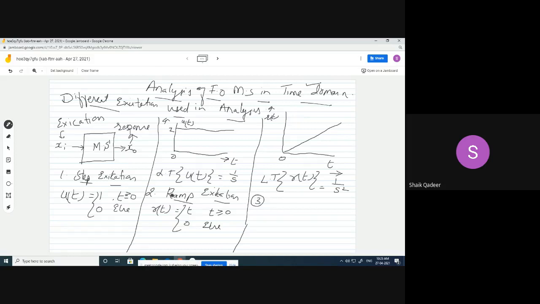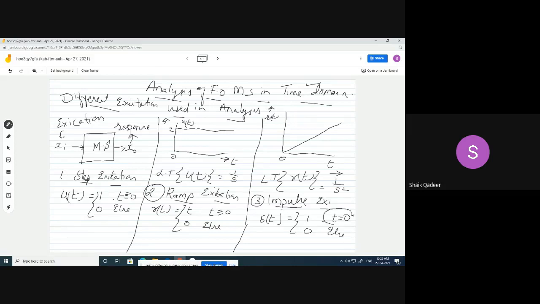The third one is impulse excitation. It is represented by the letter delta of t, and its value is equal to 1, or k times 1, at only one instant of time, that is t equal to 0, and it is equal to 0 in else cases.